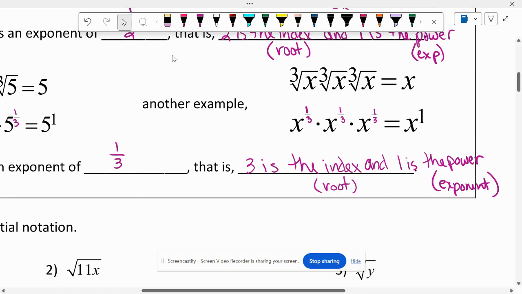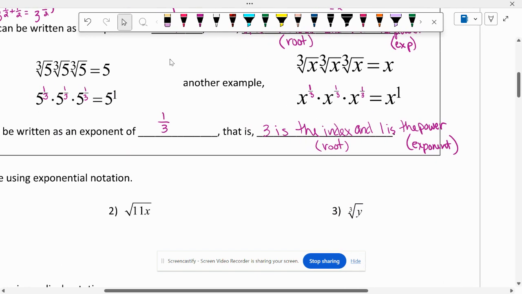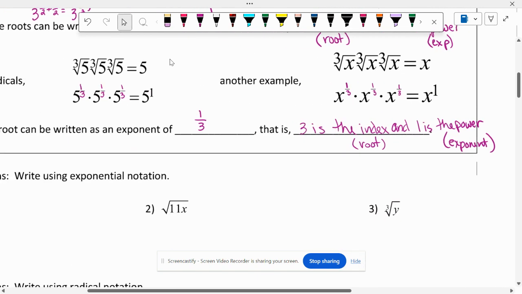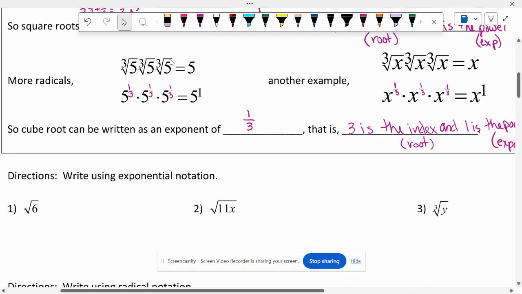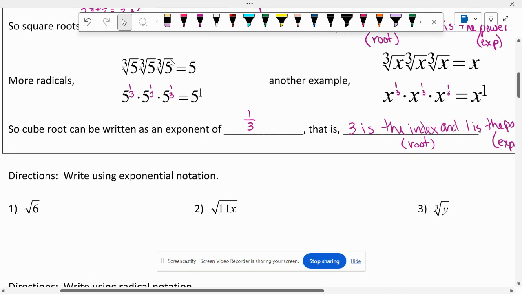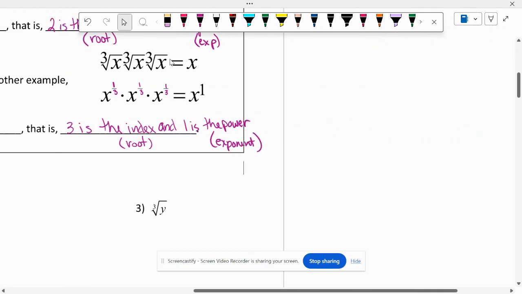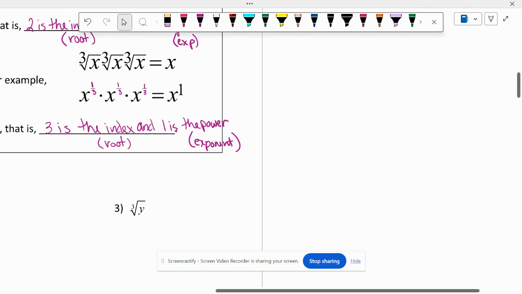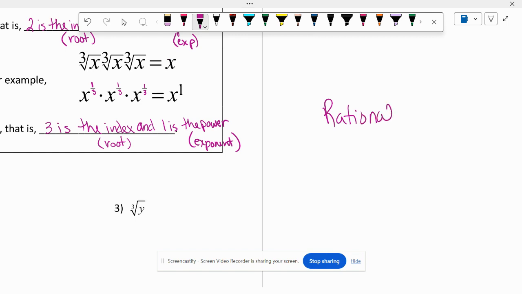Okay. So we're going to talk about what the exponent rule is. Do you guys have that exponent rule? Yeah. So our notes are a little bit different, so I'm just going to write it off to the side. So the rational exponent rule, which is exactly what I just said.